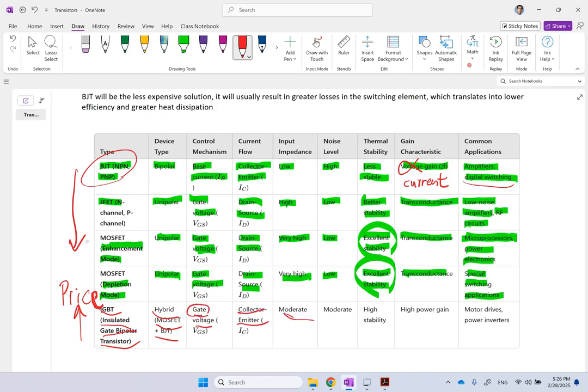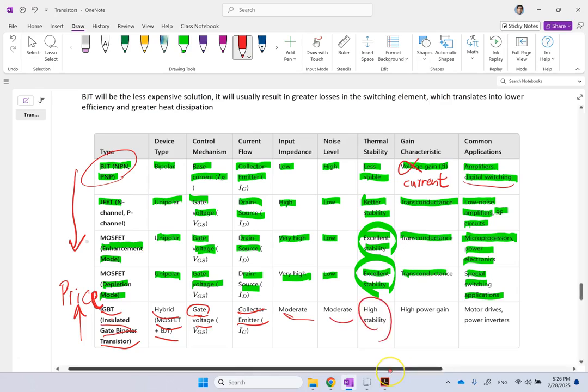Their impedance is moderate, their noise level moderate, the stability for temperature is very good, and they have high power gains. So if you want to use them, you use them in motor drivers and power inverters. So in drivers of motor drives, you can use this mixed type or hybrid type, which is called IGBT.